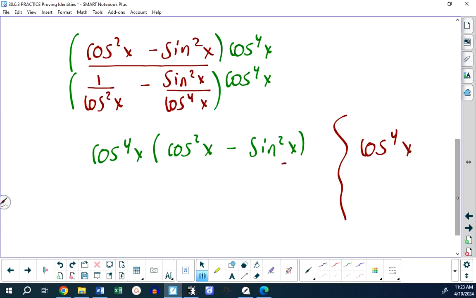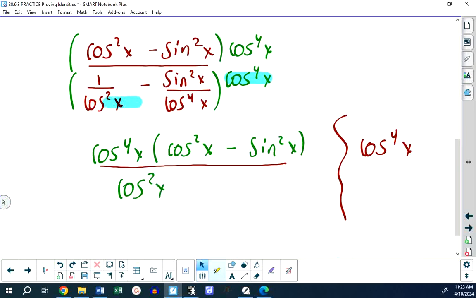And what's going to happen is you're going to get cos squared x minus sine squared x on the bottom. Because when I multiply these together, a cos squared cancels with a cos squared, leaving cosine squared of x.